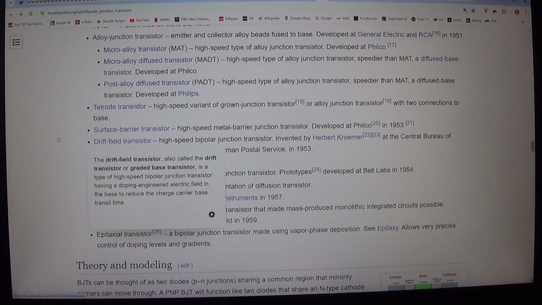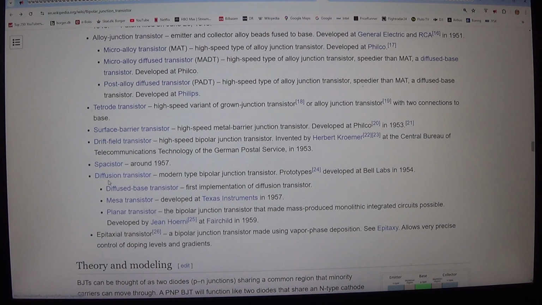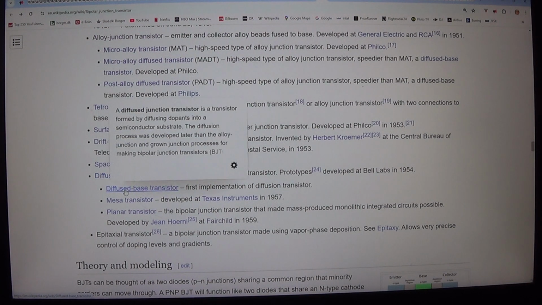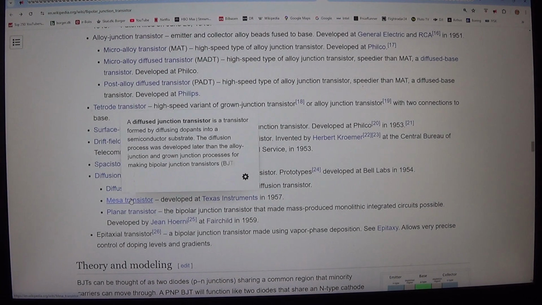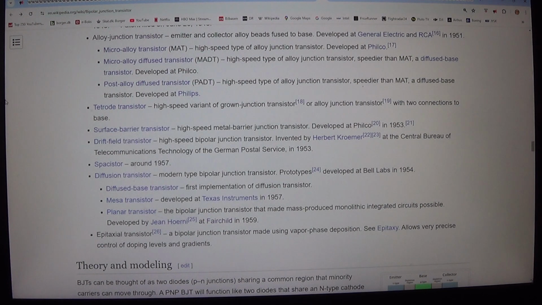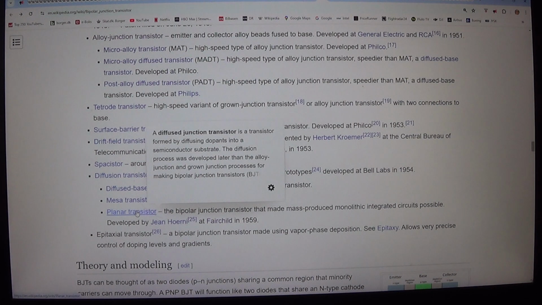Three, tetrode transistor, high-speed variant of grown junction transistor or alloy junction transistor with two connections to base. Four, surface barrier transistor, high-speed metal barrier junction transistor. Developed at Philco in 1953. Five, drift field transistor, high-speed bipolar junction transistor.